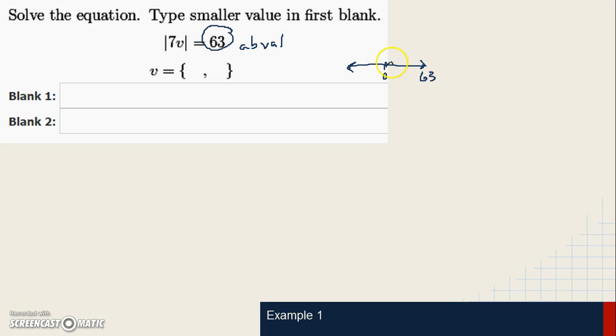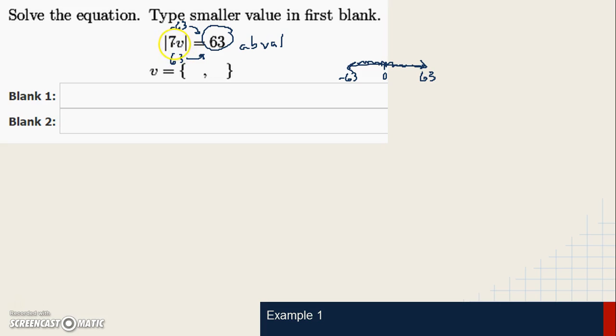If we were to count from 0 all the way to 63, we'd count 63 units. The other number is -63. If we started at 0 and counted how many units between 0 and -63, we would also count 63 units. So I know here that the absolute value of -63 and +63 will result in 63.